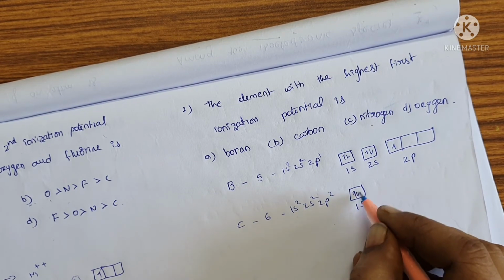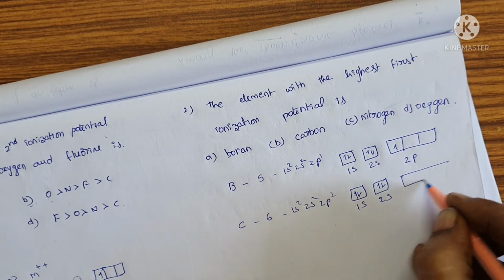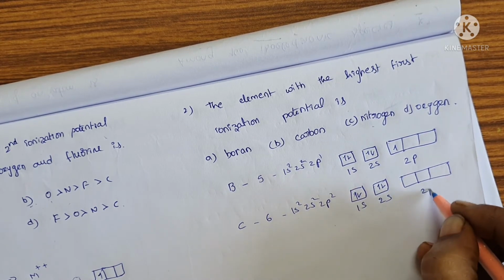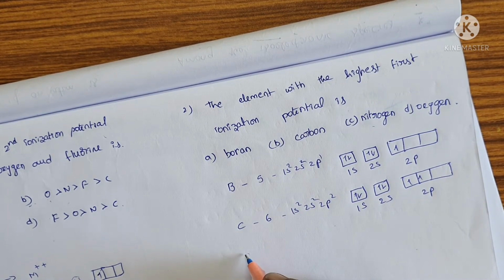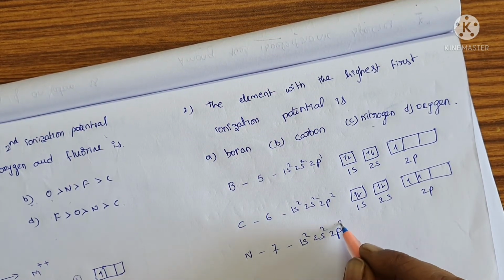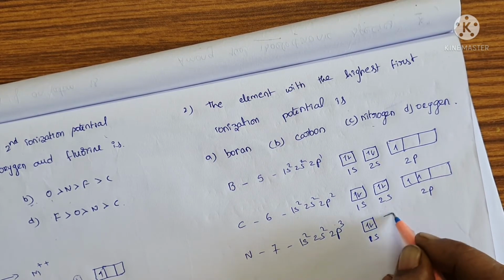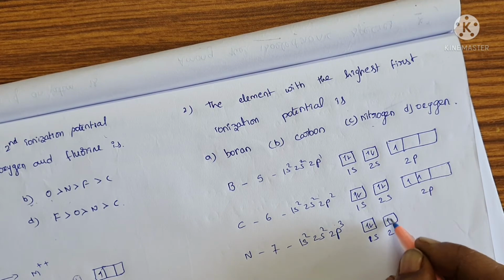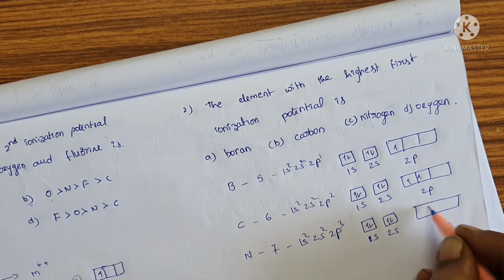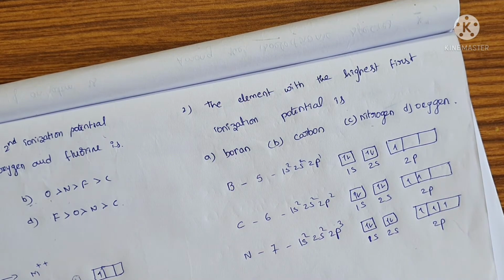1s2, 2s2, 2p2. And next nitrogen, 7: 1s2, 2s2, 2p3.